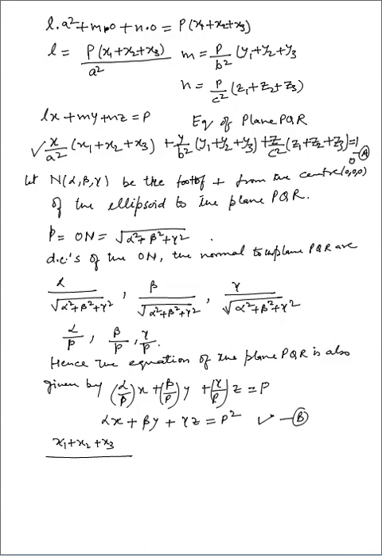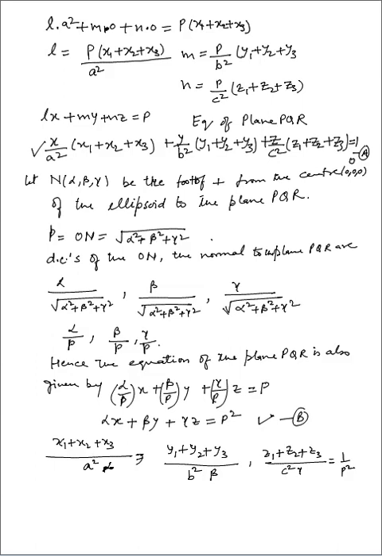upon a square upon alpha, and this is equal to y1 plus y2 plus y3 upon b square beta, and z1 plus z2 plus z3 upon c square gamma, all of them are equal to 1 upon P square.